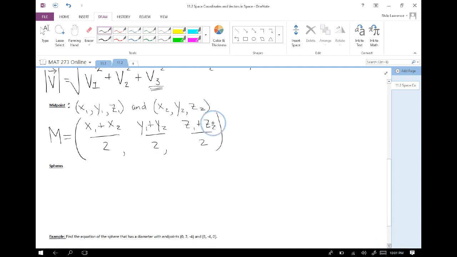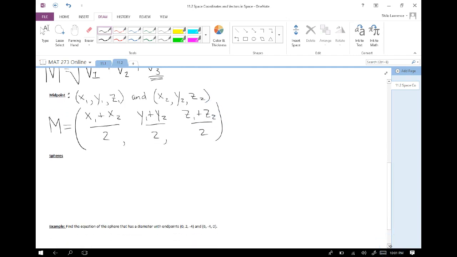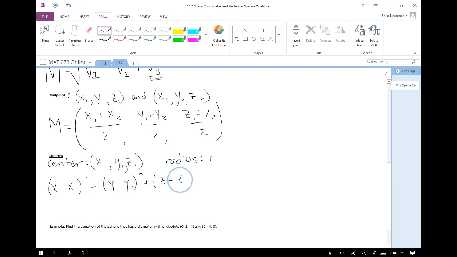The very first surface that we're going to talk about in three-dimensional space is spheres. The formula for a sphere that has a center at (x1, y1, z1) and a radius of r is (x - x1) squared plus (y - y1) squared plus (z - z1) squared equals r squared.